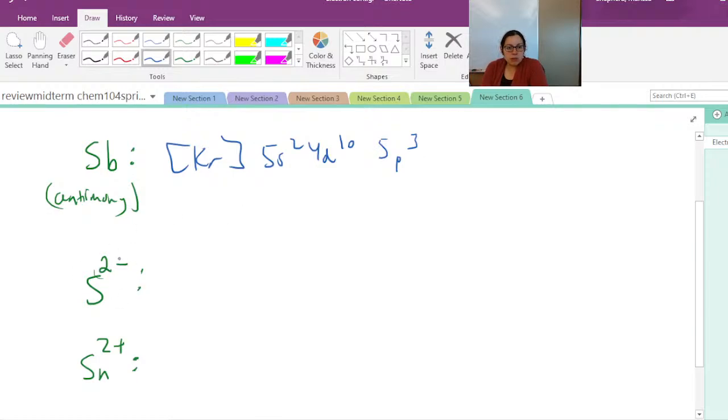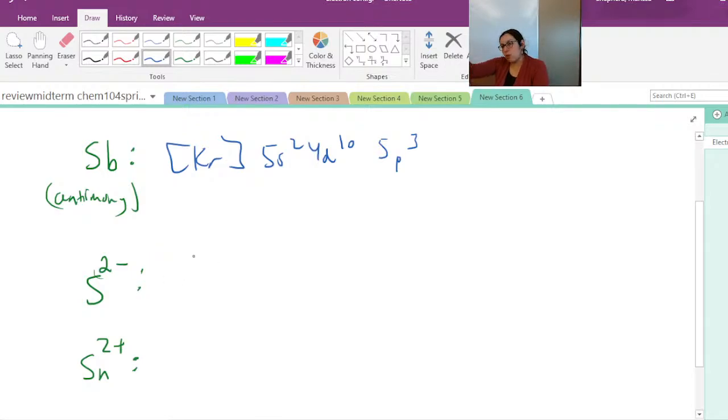All right, what about sulfur 2 minus? What do we get for that electron configuration? Will I be correct if I just wrote argon?